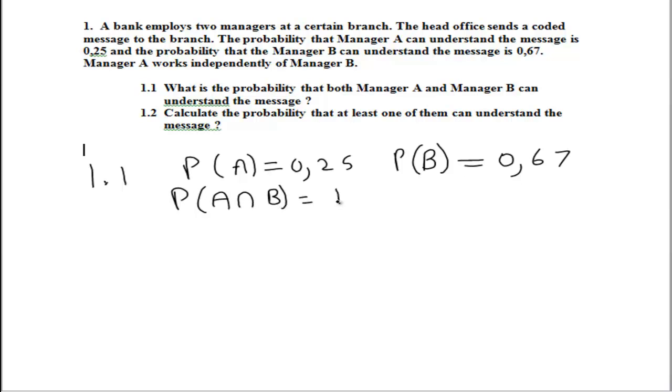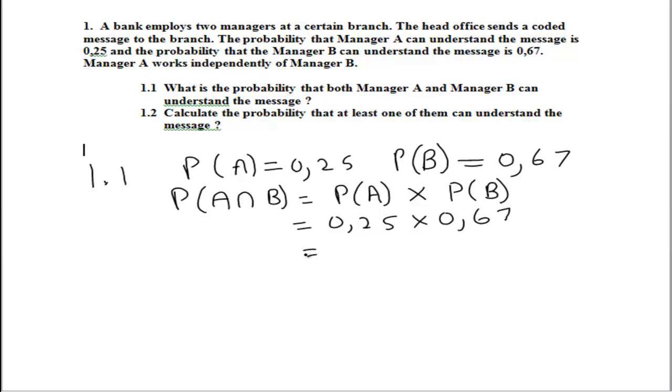So it is the probability of A times the probability of B. And that's 0.25 times 0.67, giving us 0.1675.